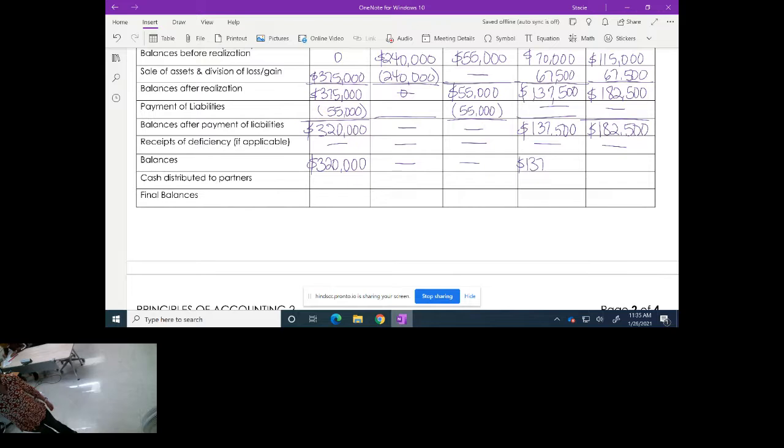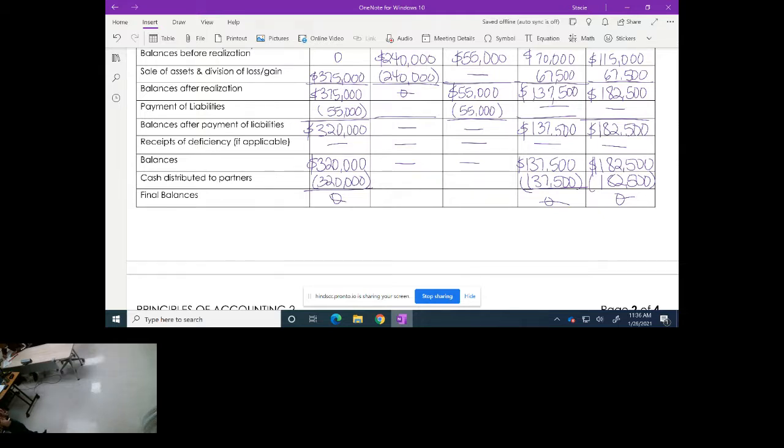So how much cash is each partner getting? 137.5 and 182.5. They're going to get what's in their capital account because your ultimate goal is to wind up with 0. And those two amounts should add up to 320. 137.5 and 182.5 should equal 320.